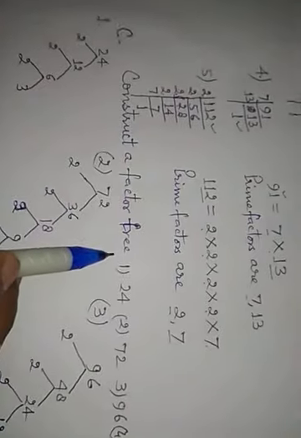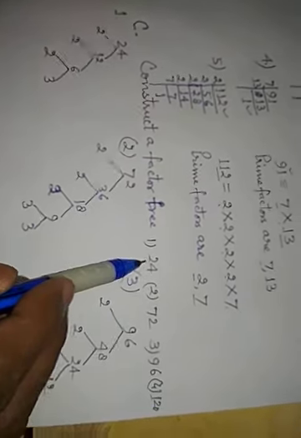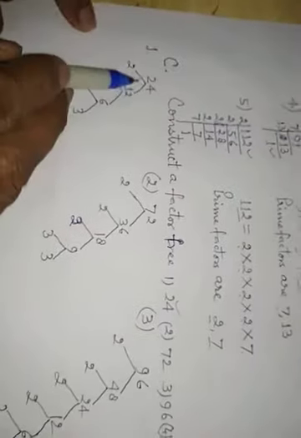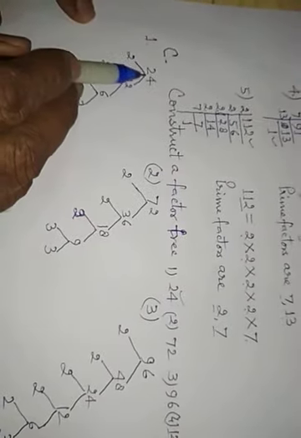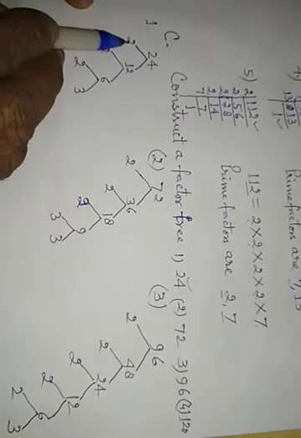Now C part. Construct a factor tree. Construct a factor tree of 24. 24 can be written as 12 into 2, because 12 2s are 24. So in place of 24 you can write 2 and 12.